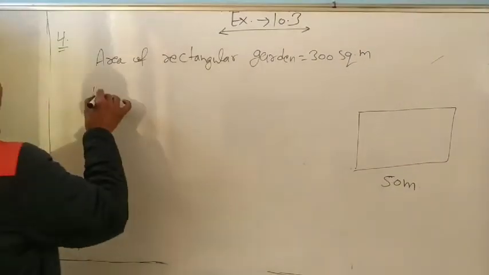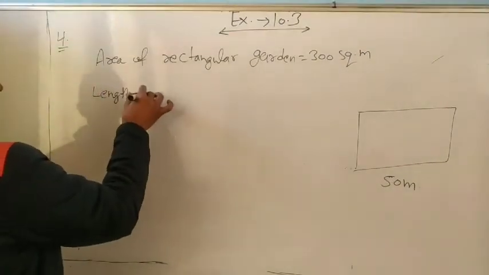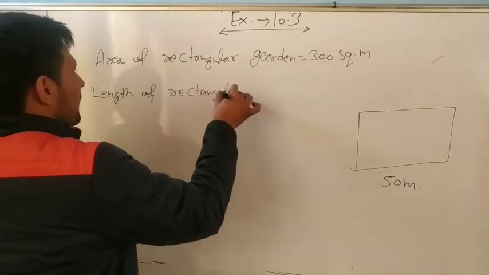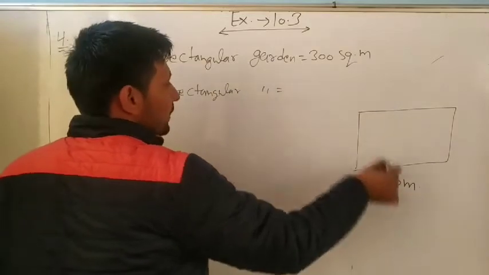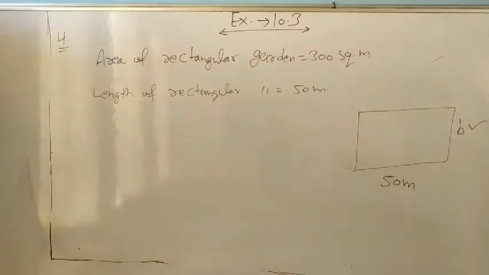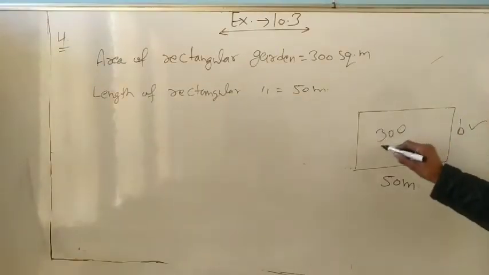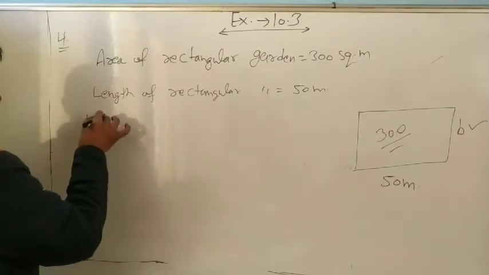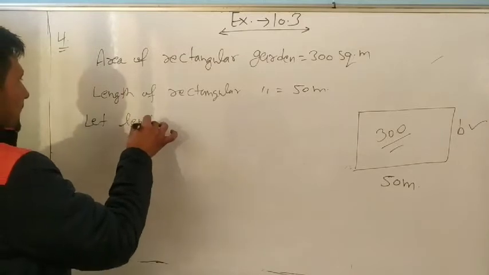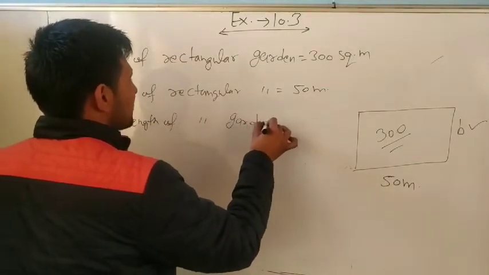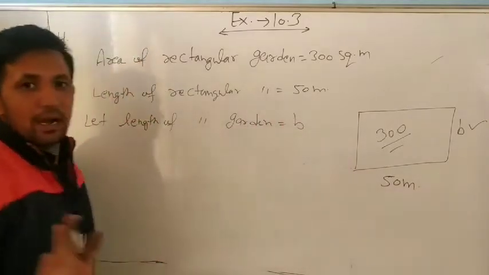Long means length. So length of rectangular garden, how much? 50 meter. We have to find its width. Width means breadth here. So area is 300 and B we have to find. So write, let breadth of rectangular garden be B. Understand or not?